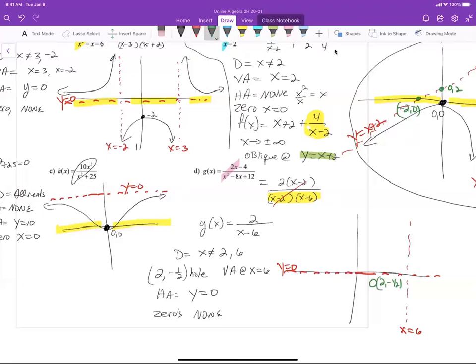And that's no zeros. I have 3 regions. I have a region to the left of the hole because I have to go through that hole. I have a region to the right up to that vertical asymptote, and I have a region to the right of the vertical asymptote. So hopefully it makes sense that I come from that hole and approach my horizontal asymptote.